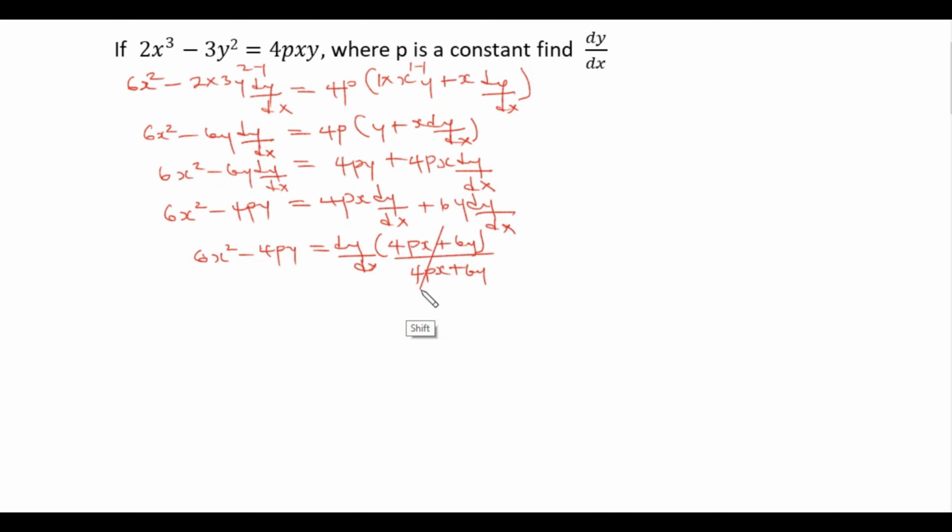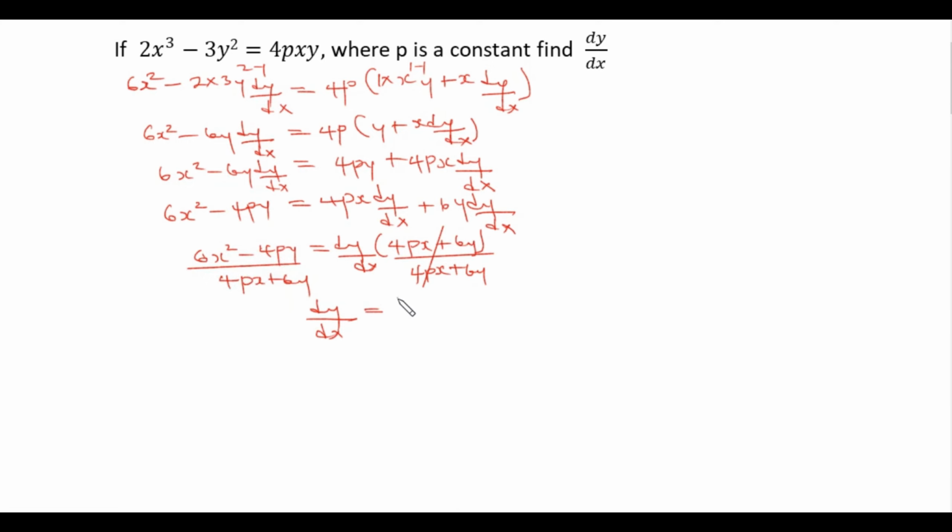Remember, cancel this, divide it again by 4px plus 6y. So we now have dy/dx is equal to, factorize 2, 2 can go into 4, it can go into 6, 2 can also go here.